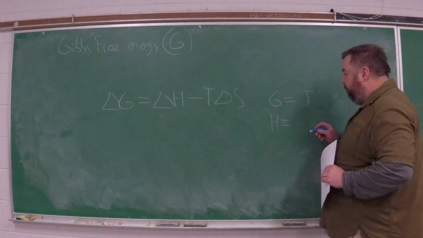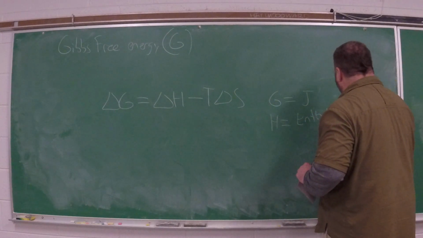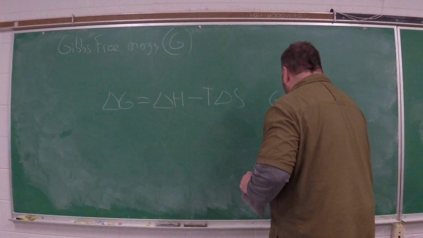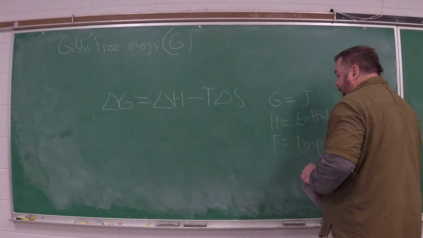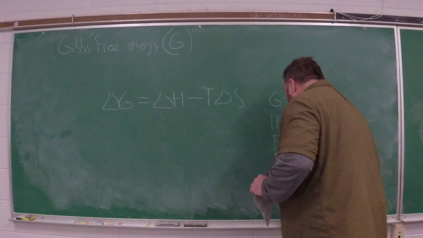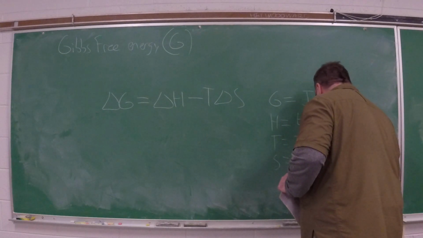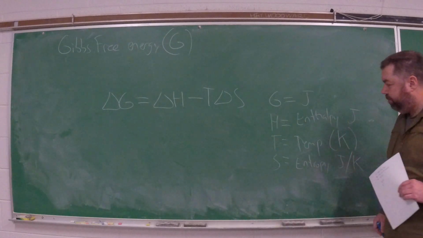H is the enthalpy. That's also going to have units of joules. T is the temperature. That will be in Kelvin. And S is the entropy, and that has units of joules per Kelvin.